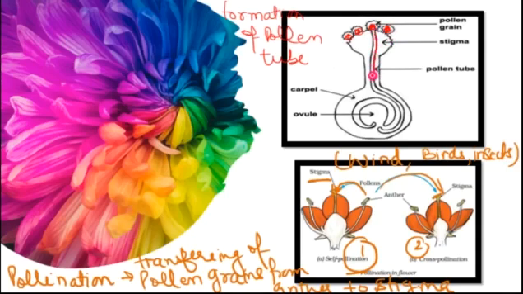This tube is called a pollen tube. This pollen tube runs downward through the style and finally enters the ovary. And after reaching the ovary, this pollen tube finally gets connected with the ovule. Clear? So in this way, pollen tube is formed.